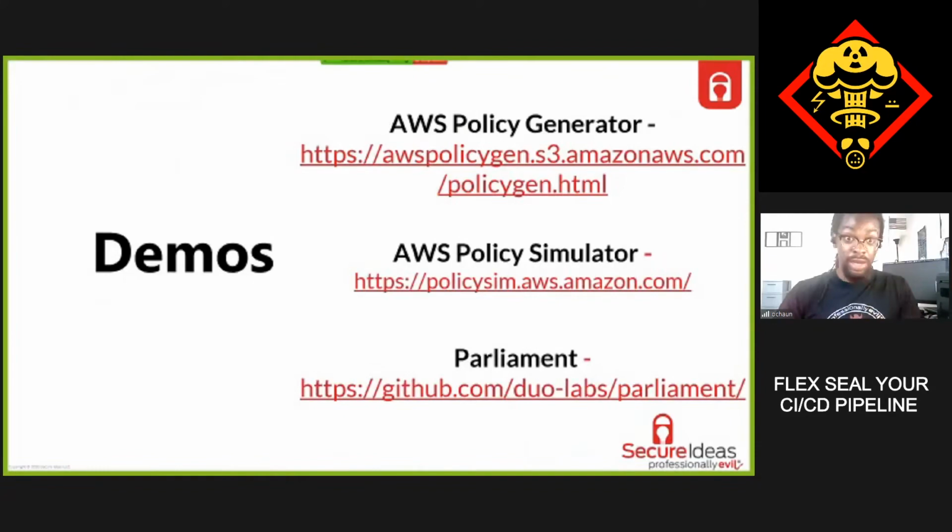There's the AWS policy simulator, which does an important role of just simple access permission checking, so we don't have to bash our heads against the CLI or the console. And then there's Parliament, which is an open source tool that allows you to do some linting and some static analysis of policy JSON and figure out when you're opening up things that you really shouldn't be.